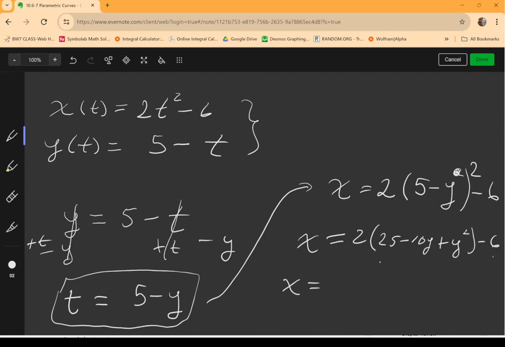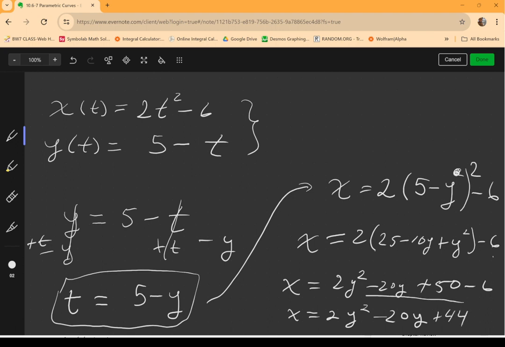This turns out to be 2y squared, distributing the 2, minus 20y plus 50 minus 6. So you get x equals 2y squared minus 20y plus 44. Now we have eliminated the parameter, and that is my equation in terms of x and y.